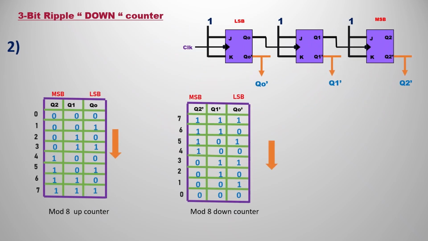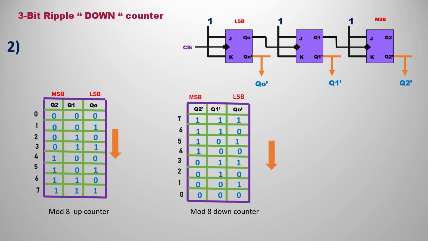First of all, we need to understand the second method so that we can understand the first method, because the second method is relatively easier to do first. In the second method, we pass the clock from Q0 to the next flip-flop and take the outputs directly as Q0 bar, Q1 bar and Q2 bar. For that, this is the truth table of the up counter, which we discussed in the previous video, with MSB Q2, then Q1, Q0.